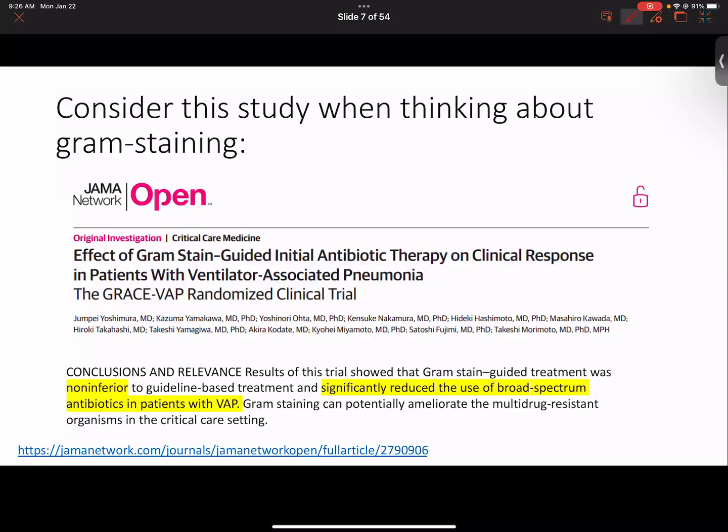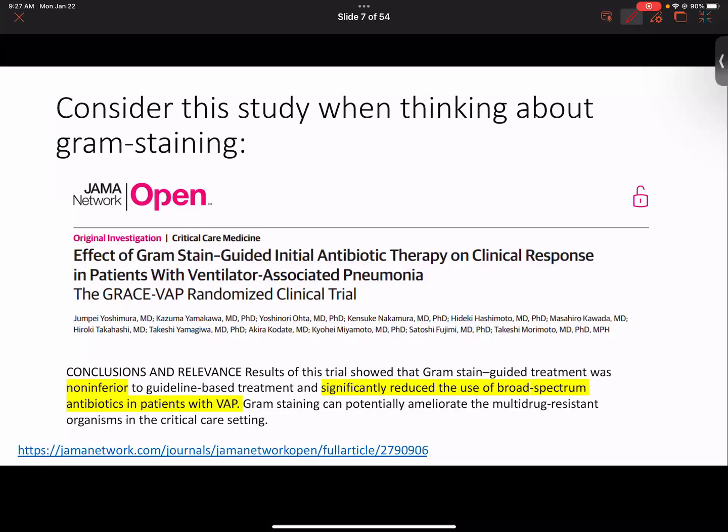So it turns out the gram stain group did better. Okay? They had decreased mortality. They had increased response, 76% versus 71%. Doesn't sound like a lot, but it is still statistically significant. And mortality was decreased.